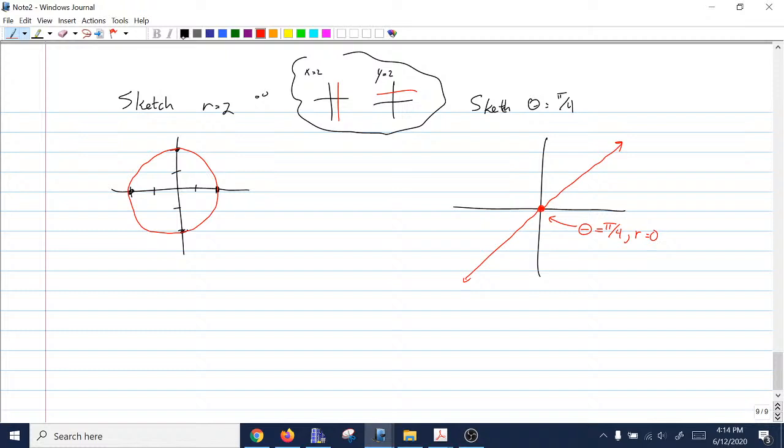Let's try sketching something a little more interesting. Let's sketch the equation r equals 2 cosine theta. I'm going to pull out a graphing calculator to graph this in a second, but I want to try doing this by hand. Let's think about plugging in some values.